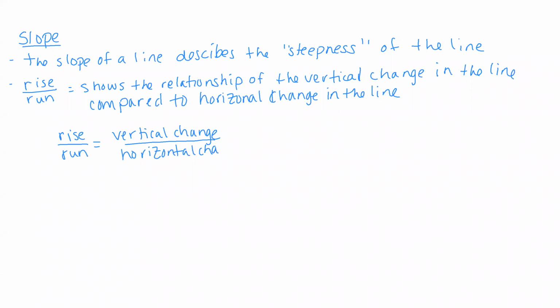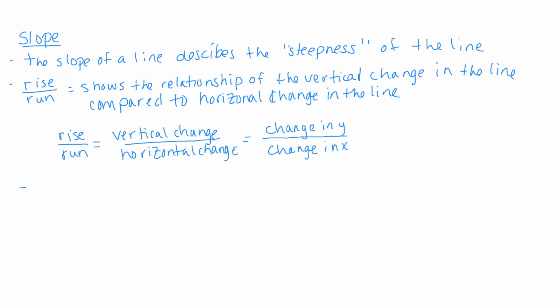And what does that mean for us very specifically in terms of a graph? Well, the vertical change is the change in y. The horizontal change is the change in x. The slope of a line describes the steepness of the line. More specifically, it shows a relationship between the vertical change and the horizontal change in the line.